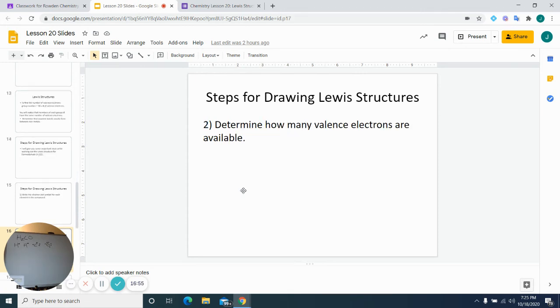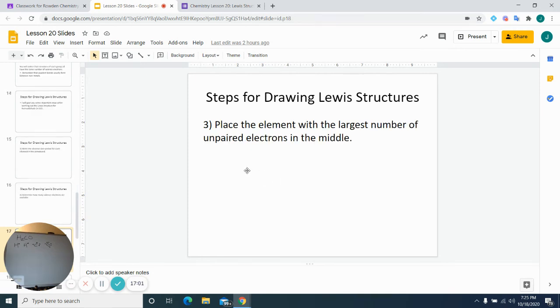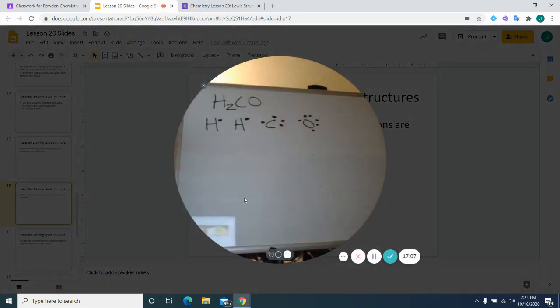Step 2, determine how many valence electrons are available. What I do is write a number underneath for how many times each atom is going to want to bond, meaning how many electrons aren't paired up with anything.